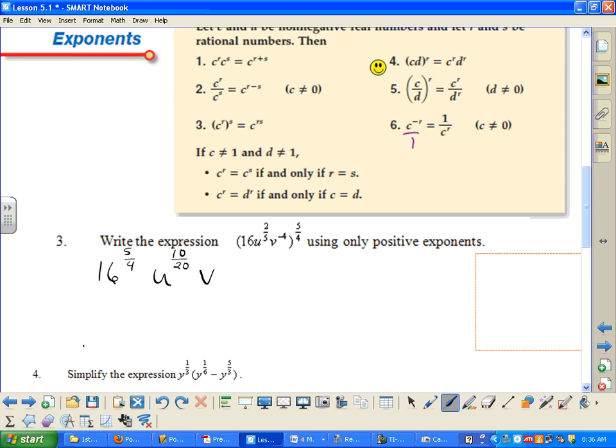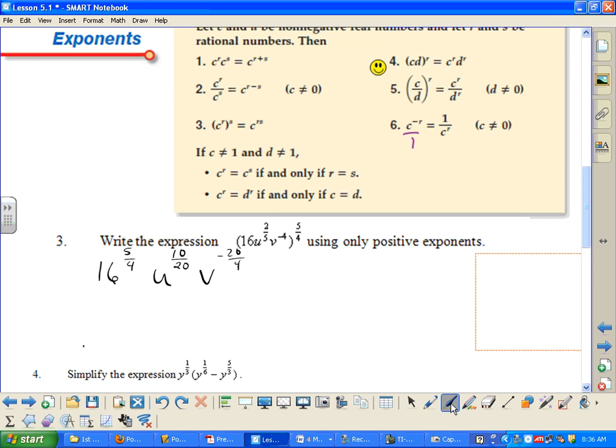Is it -20 over -16, or is it -20 over 4? Okay, it's -20 over 4. So now the u and the v are easy to simplify, but 16 to the 5/4 is a little bit more difficult.